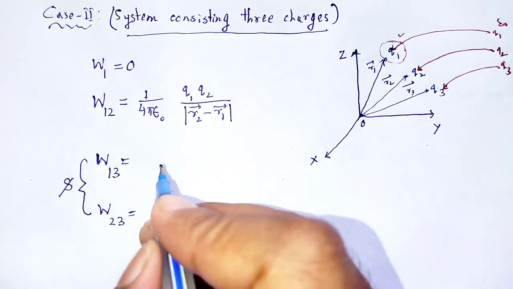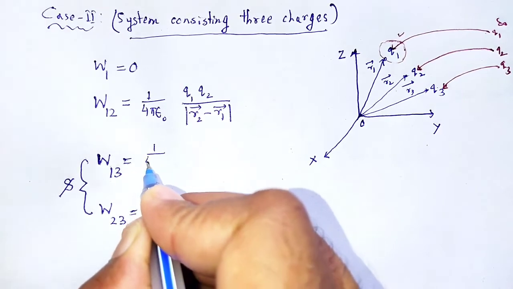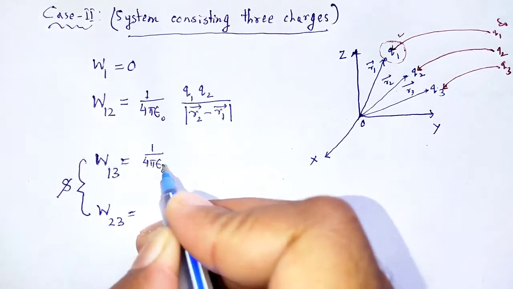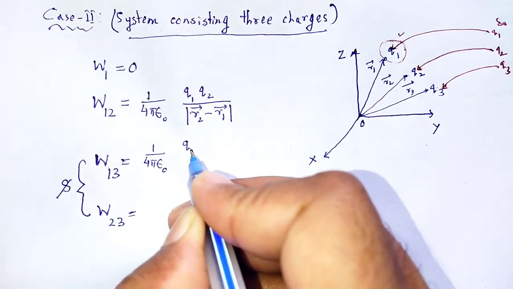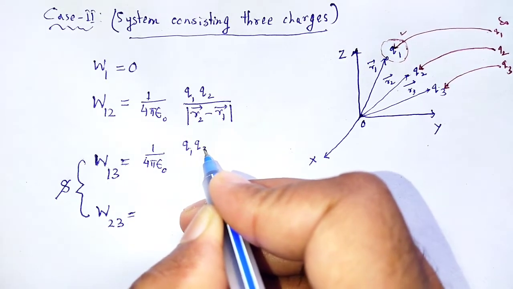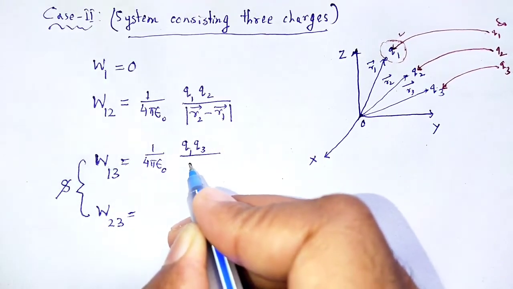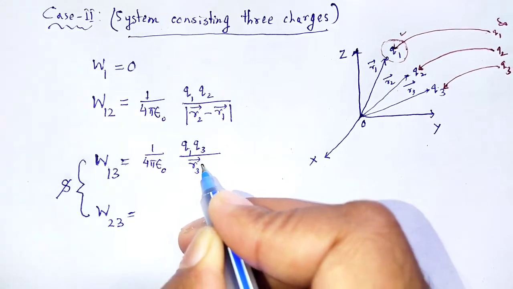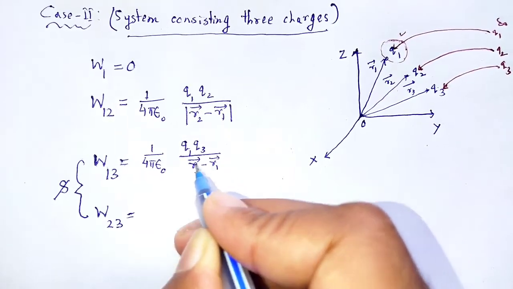So, W13 will be how much? 1 by 4 pi epsilon naught q1 q3 divided by the magnitude of r3 minus r1.